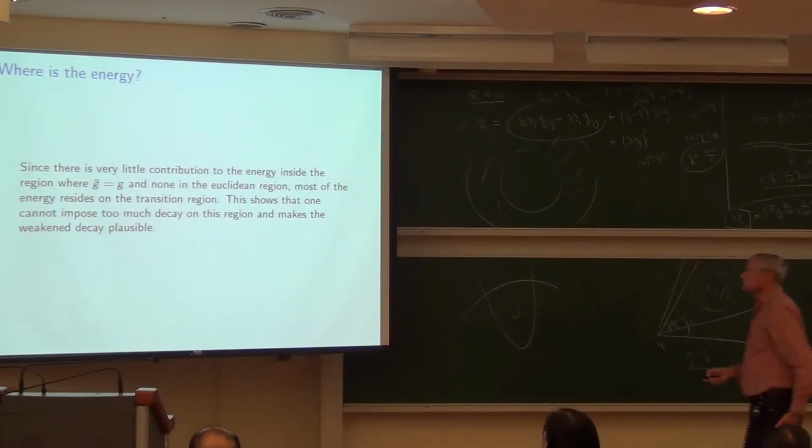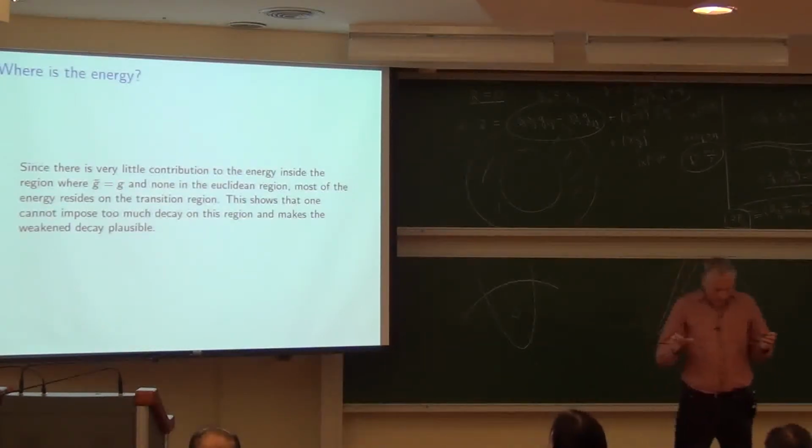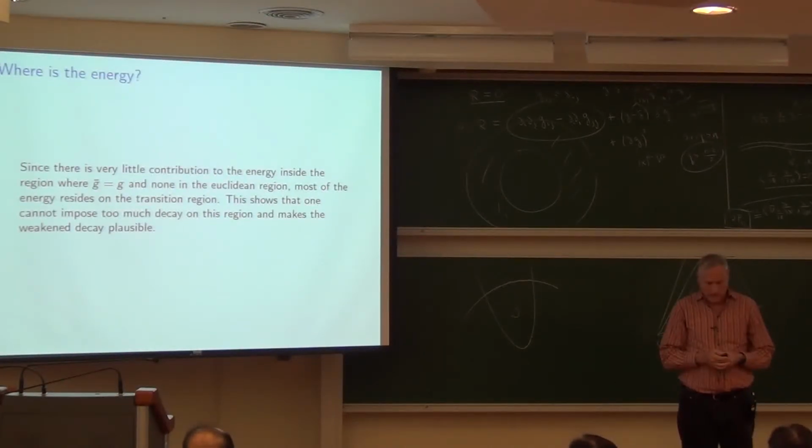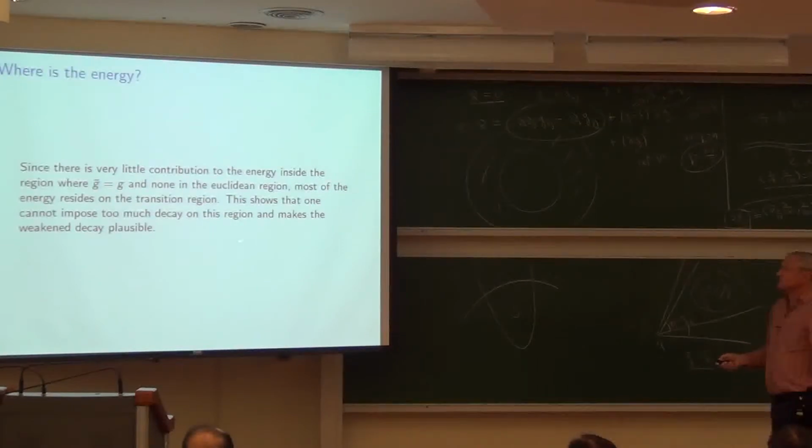Okay, and so the explanation for that is that the transition region actually accounts for most of the energy of the solution. So the metric has to be quite complicated in the transition region, and in particular, that justifies the condition that you can't impose too much decay in the transition region.